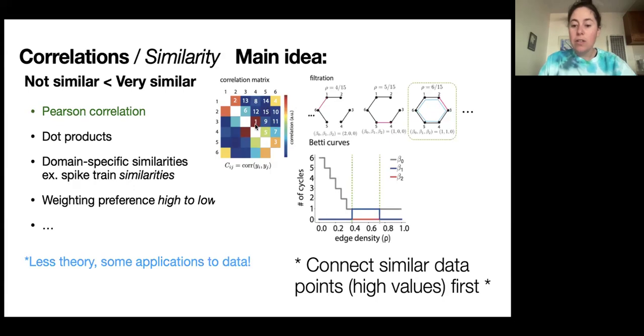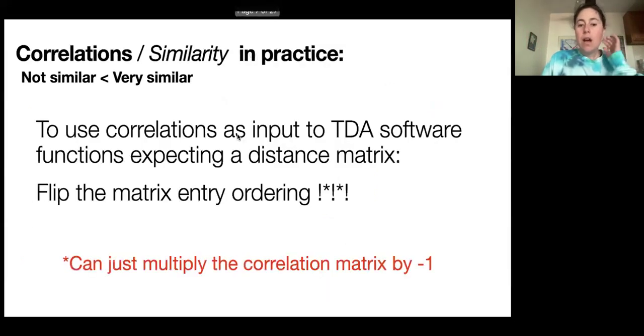And we could still, using this process of computing the persistent homology of the filtration of simplicial complexes, get summaries of the topological features like Betti curves, which are reporting the same thing. But it's a little less clear how the topological structures that we're seeing relate back to the correlation matrix.